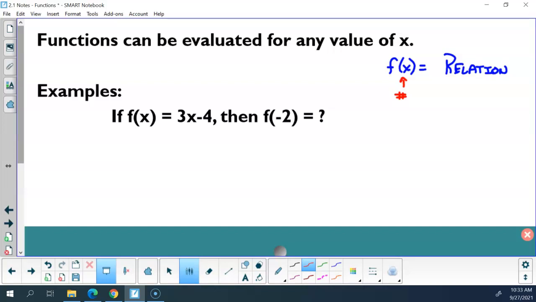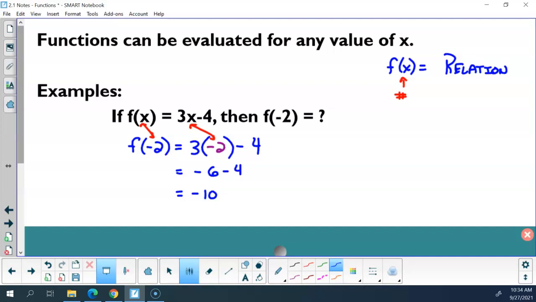So I would write f of negative 2 is equal to 3 times negative 2, then minus 4. Because I replaced x with negative 2, I'm going to replace x in my relation with -2, and then do the math. 3 times -2 is -6. -6 minus 4 is -10.